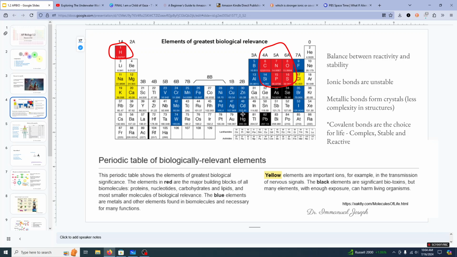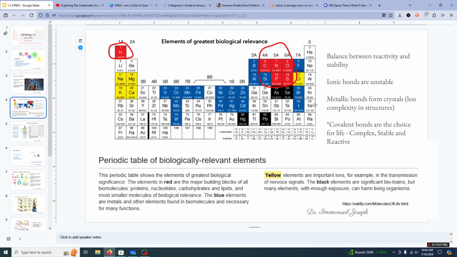Otherwise, life will look like a whole bunch of Lego blocks, which is not desirable. So covalent bonds are the choice for life, because the way they form bonds allows them to make very complex structures, and they are stable enough and reactive enough so that those bonds can be broken and reorganized.